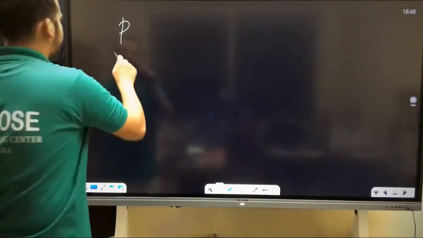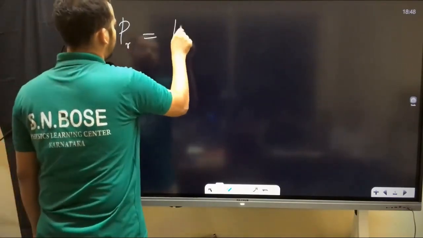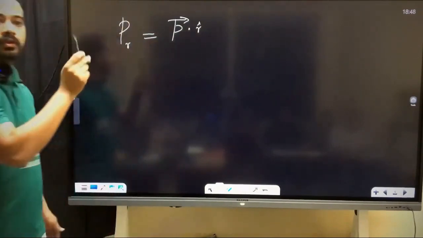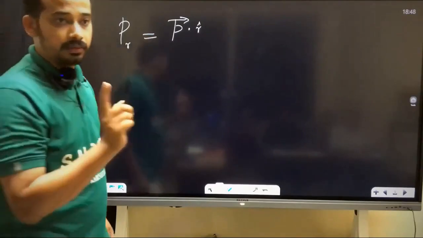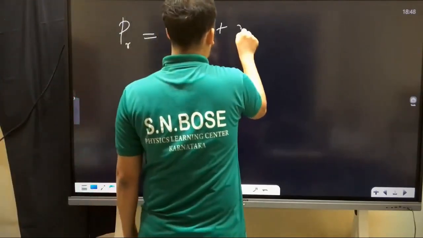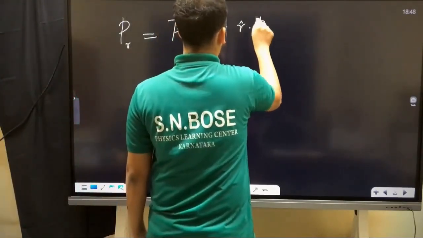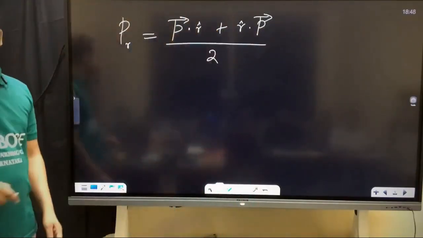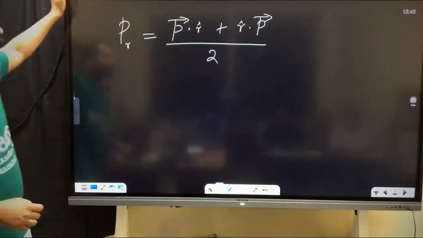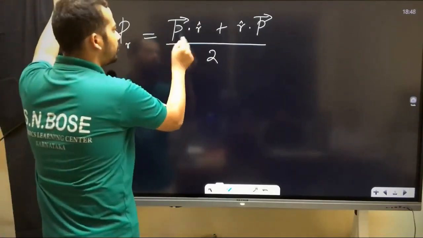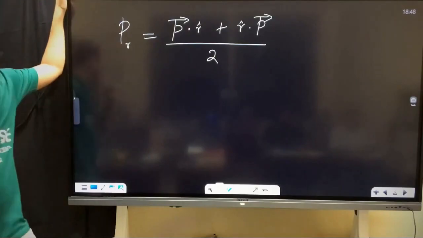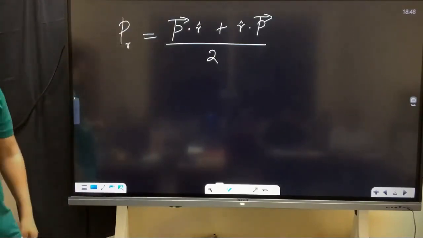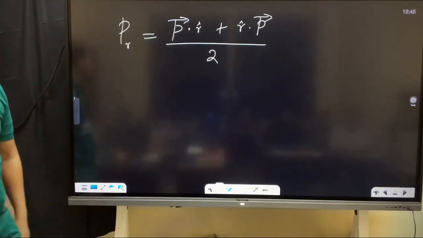So it is like this: P_r is equal to P vector dot r cap, r cap is a unit vector, not an operator, plus r cap dot P, divided by 2. Somehow you should be able to prove that P vector dot r cap is not Hermitian, but this whole operator is Hermitian.